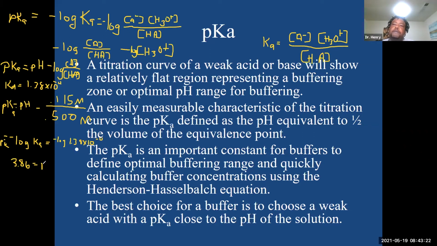So 3.86 equals pH minus the log of 0.115 divided by 0.5.